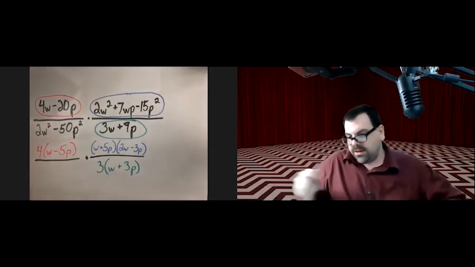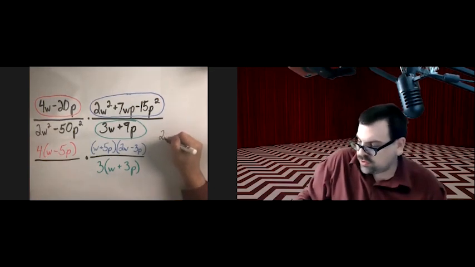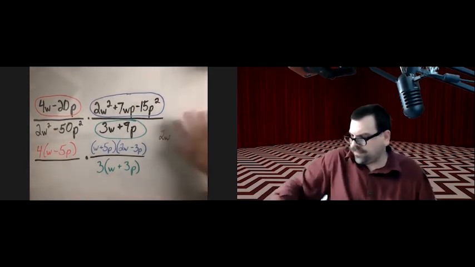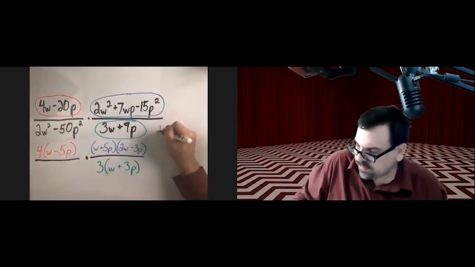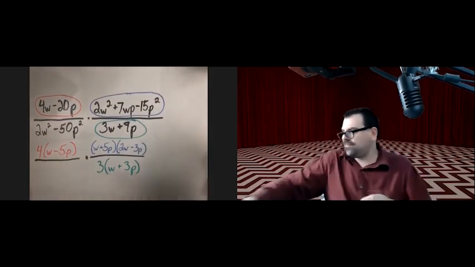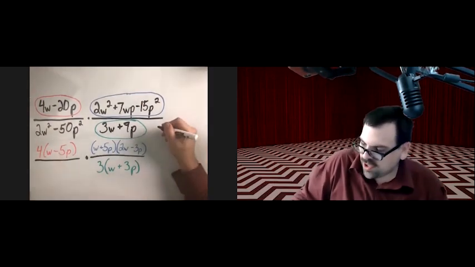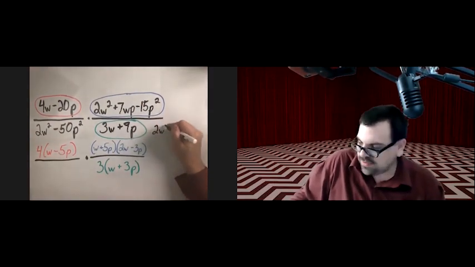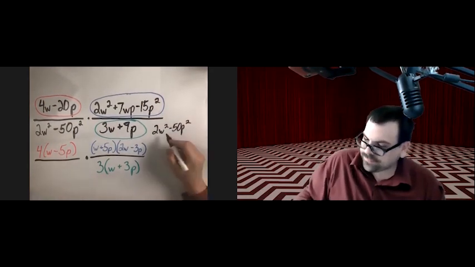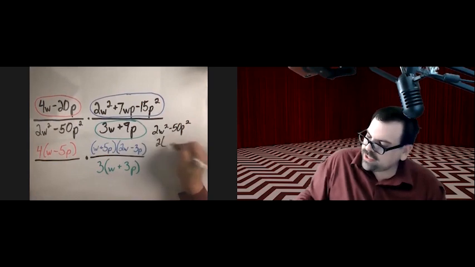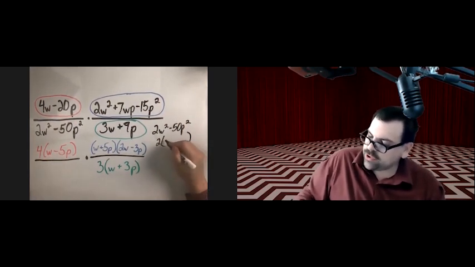Let's factor 2w squared minus 50p squared. Greatest common factor first, we take out a 2.